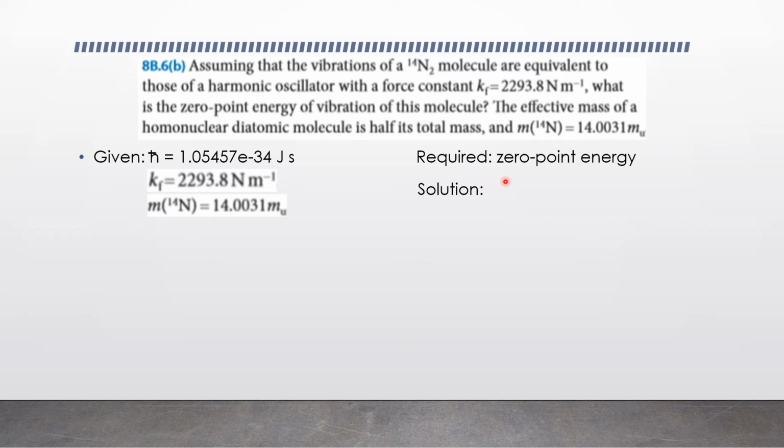To solve for this, we can use the formula of the zero-point energy of a harmonic oscillator, which is given by E sub 0 is equal to 1/2 times h bar times omega.